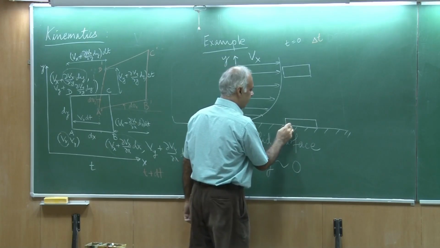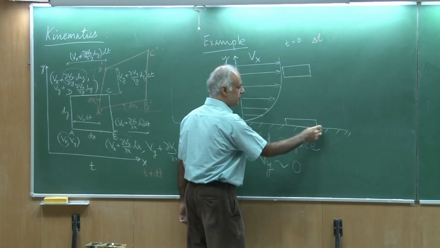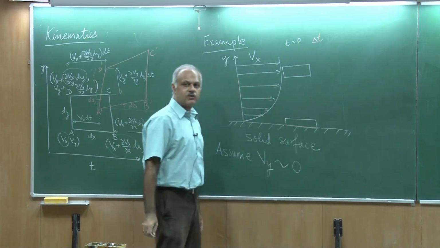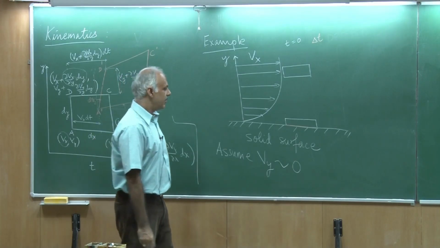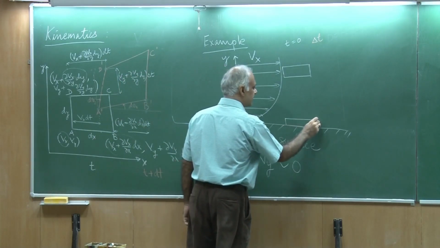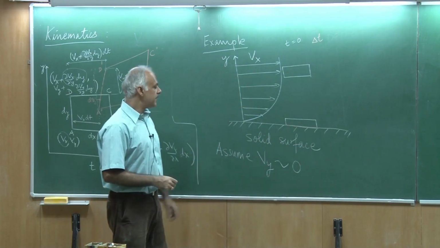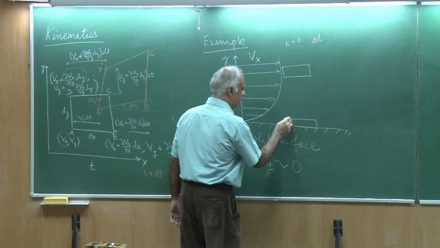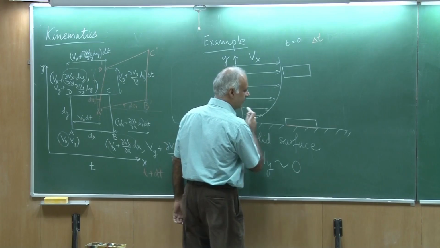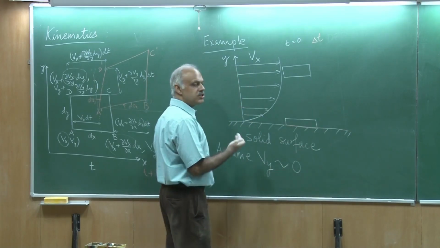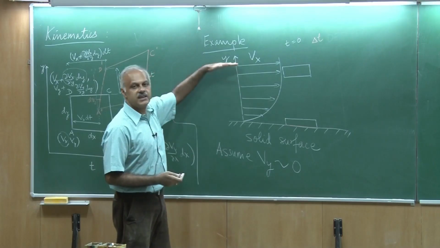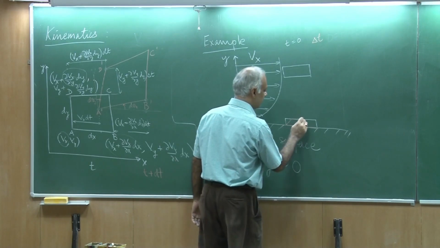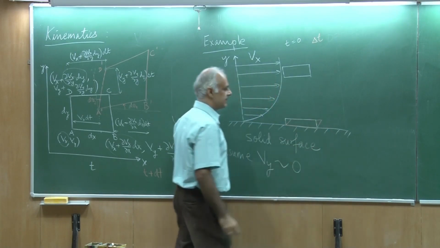Notice when I come to this element here, the speed on the surface is 0. So, this element actually stays here, does not go anywhere, this edge. On the other hand, these two edges move to the right with a speed which is the local speed times delta t. But I am saying that the flow has the same speed everywhere along x. So, there is no change along x, there is only change along y. So, both these points move with the same speed, and therefore, I get an element like this.